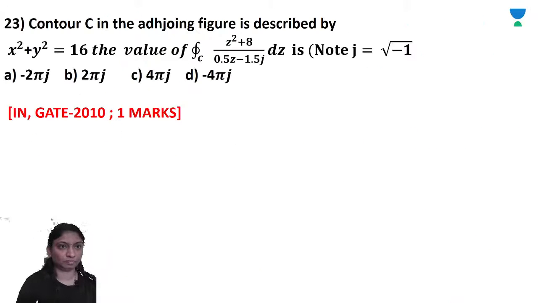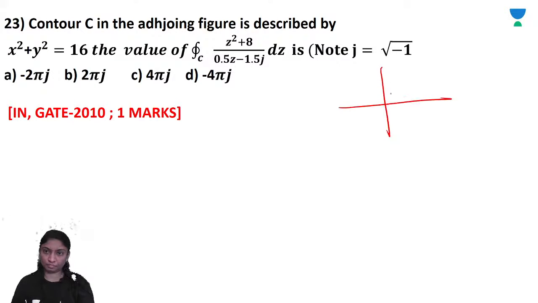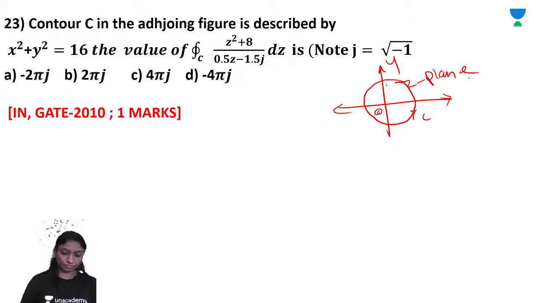Now, contour C in the adjoining figure is described by x square plus y square equal to 16, in the z plane.